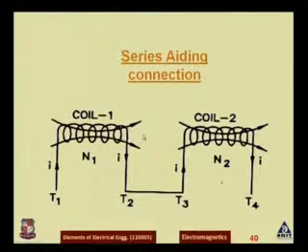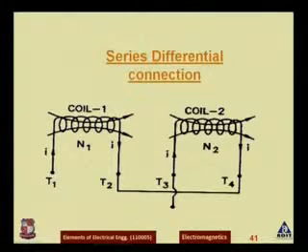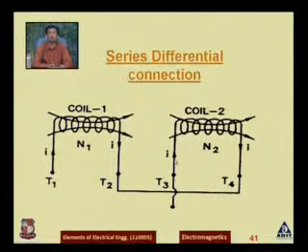So it is called a series aiding connection. Now we will see what the series differential connection is. This one is the series differential connection, in which the direction of the induced EMF is also changed. Now we will derive, for the series aiding connection and the series differential connection, how we can find the equivalent inductance.